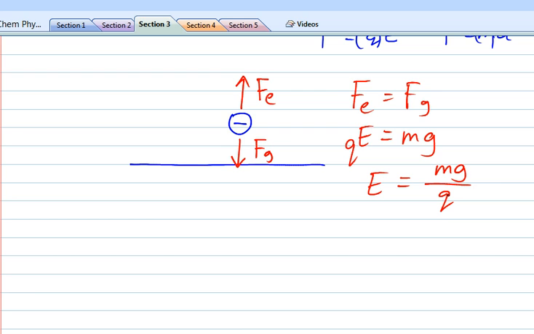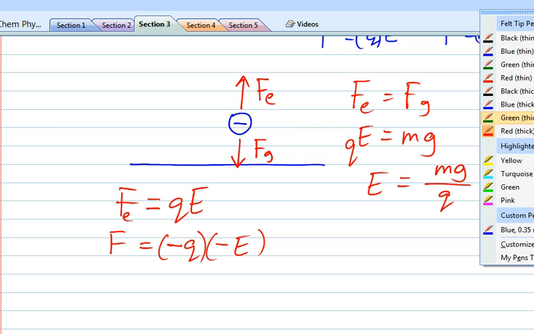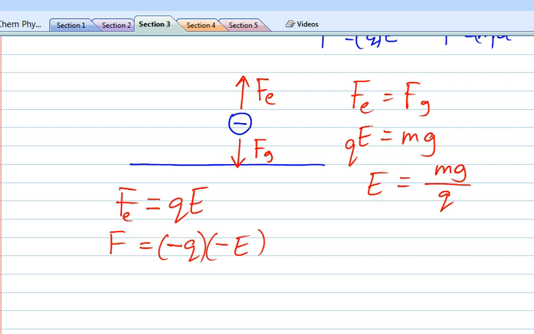But now which way does the field point? If you think about F equals qE, the charge is negative. So E also has to be negative in order to get a positive force. Negative charges actually have a field in the opposite direction.